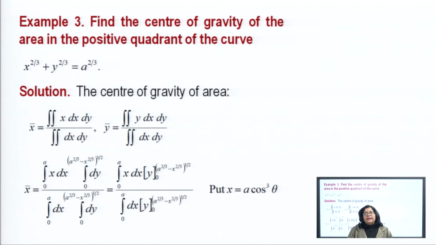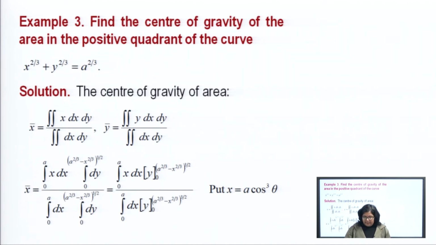Firstly, write the equation of center of gravity. What is x bar? x bar is double integration x dx dy upon double integration dx dy, and y bar is equal to double integration y dx dy upon double integration dx dy.